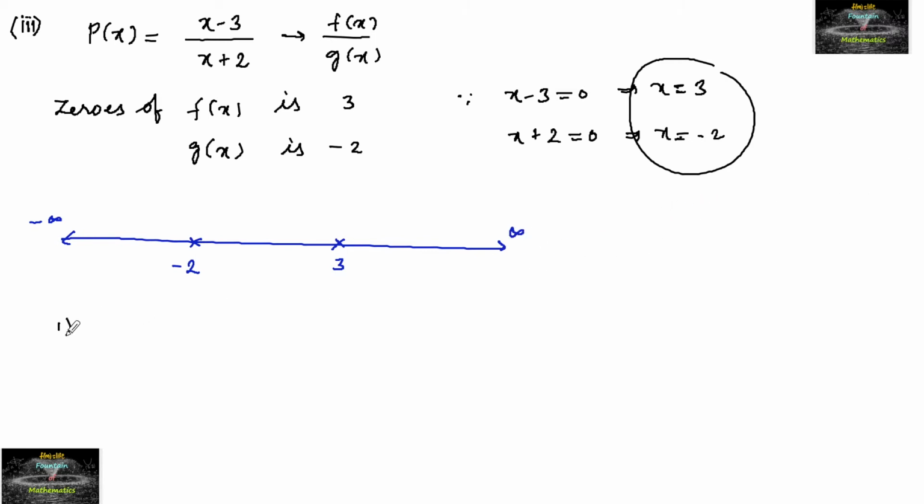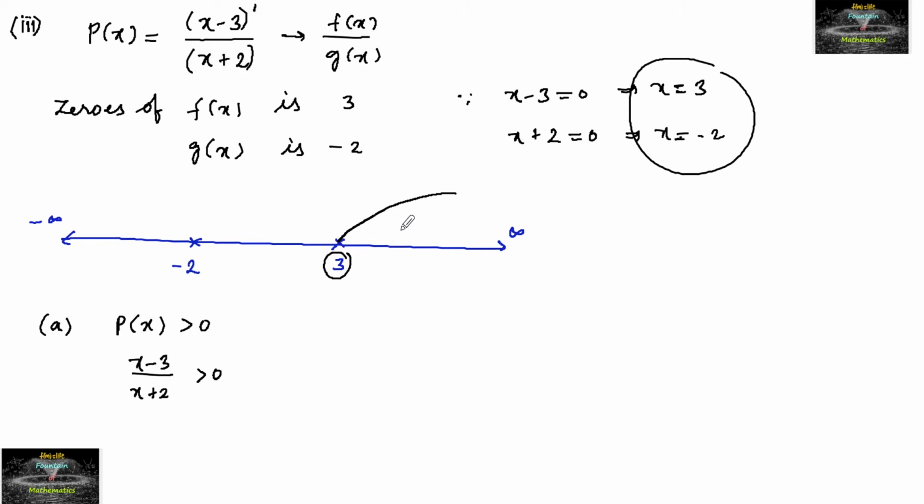Now let us assume the first case, p of x is greater than 0, that is x minus 3 by x plus 2 is positive. So we need to start taking the curve from the rightmost root, that is root 3. From here you should take the curve from positive side to negative side, but before it crosses you need to check the power of x minus 3. The power of x minus 3 is 1, which is odd, meaning a single point.